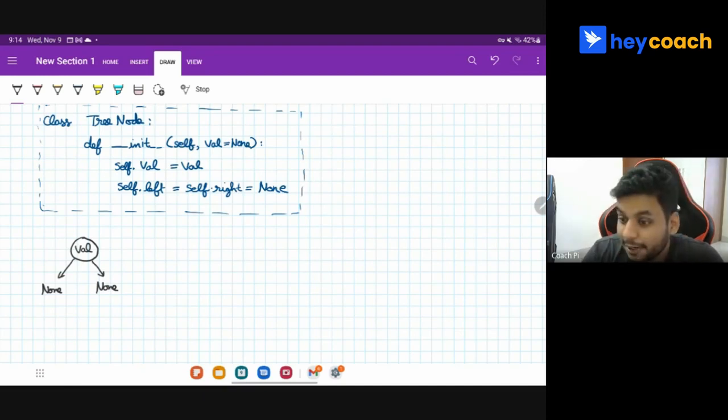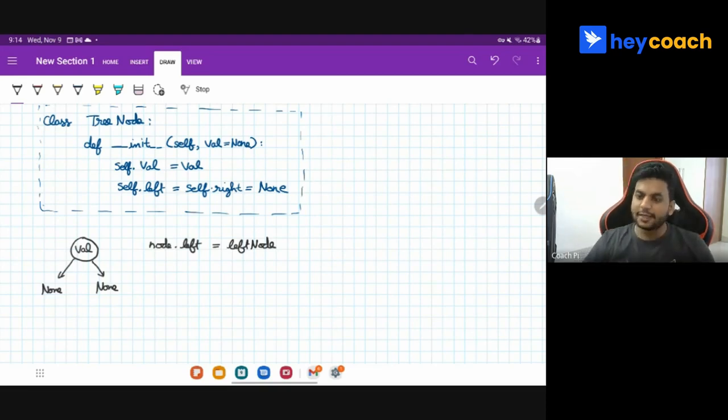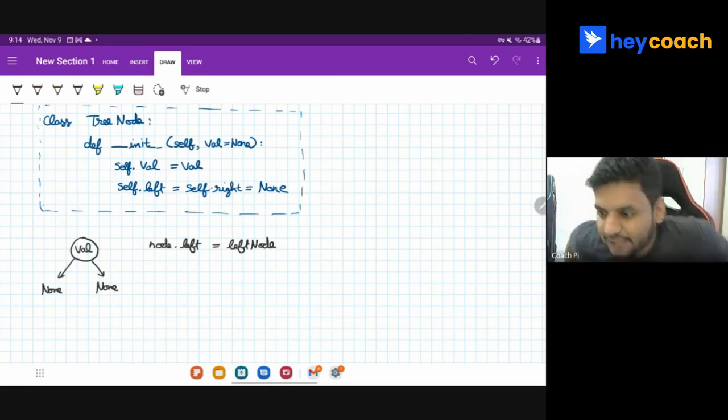And when we want this node to reference a certain left or right child, we will say node.left is equal to the left node. In this way, we can construct the whole tree given certain values.